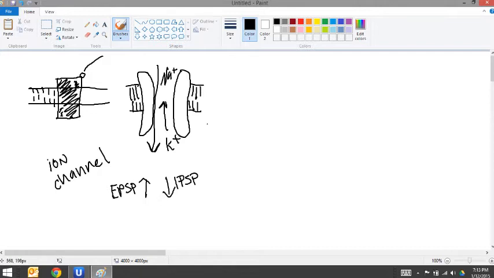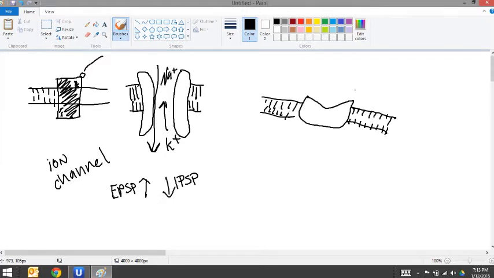So then we get to something like a G protein coupled receptor. So here we'll draw that in the membrane. And I'll just draw it like so, similar to what was in the book. So what happens here is you have a receptor similar to how you had in the ion channel.